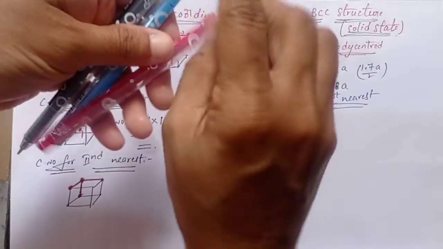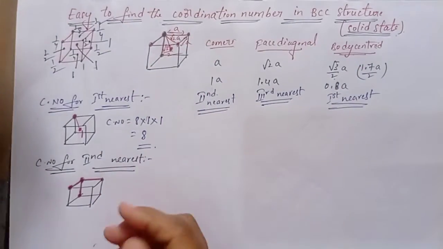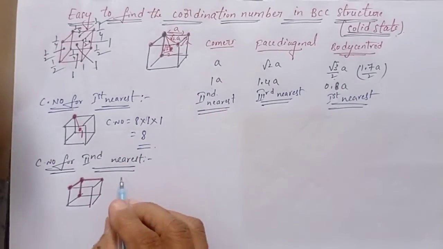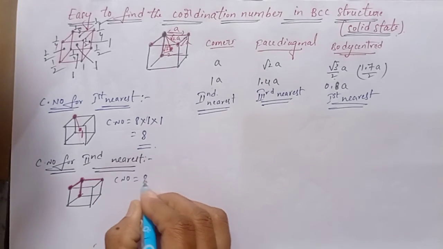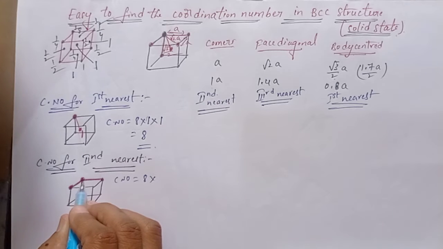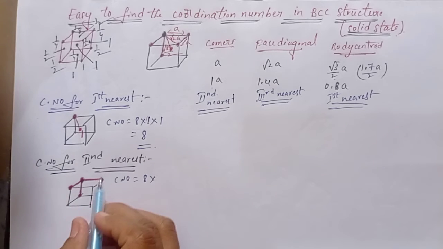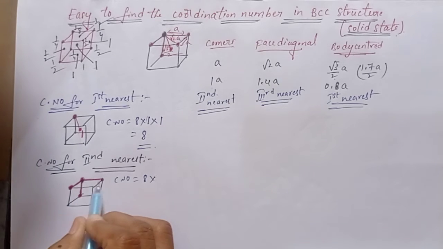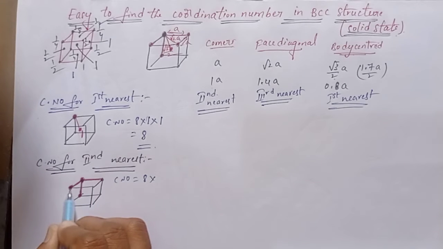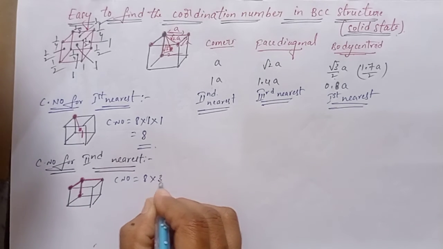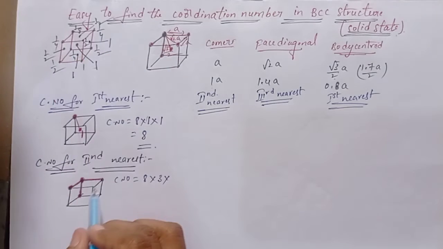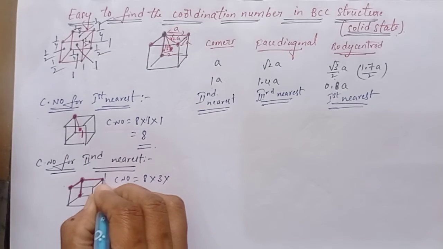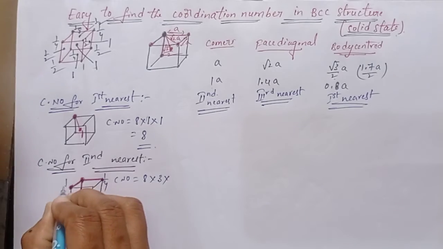So how to find the coordination number for the second nearest? Total 8 corners are there, and each corner atom is in touch with 3 corner particles. Each corner particle contribution is 1 by 4, 1 by 4, 1 by 4.